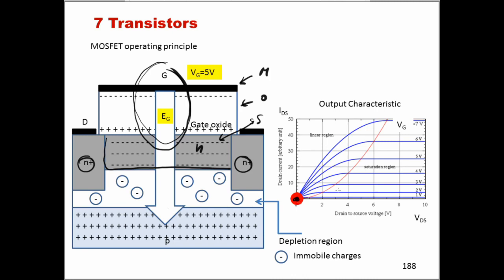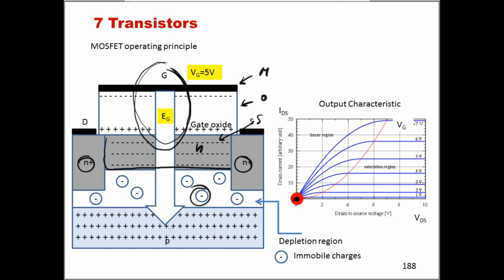Let me just point out that because the MOS stack, the gate stack, is in inversion, this means that the P substrate is depleted, so the majority carriers have been depleted away far from the channel region, and in between the minority and the majority carriers there are now these immobile charges that are also negative.